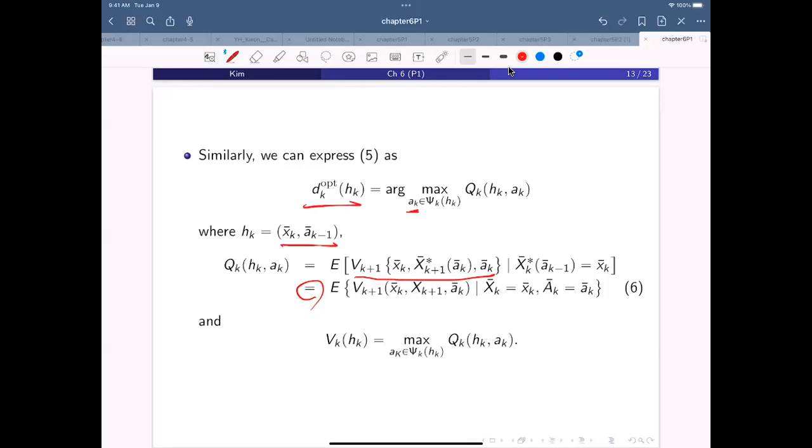Why? Because this one is the potential outcome for this particular choice of A, which is equivalent to the observed outcome, and the information that AK is this one, right?